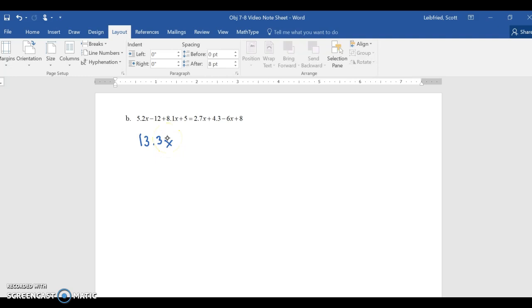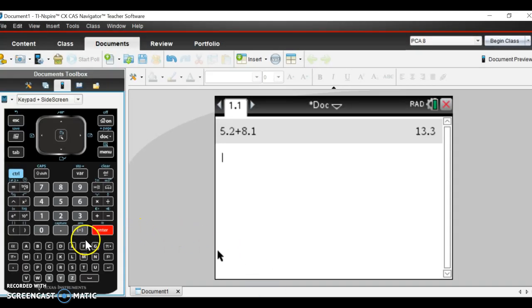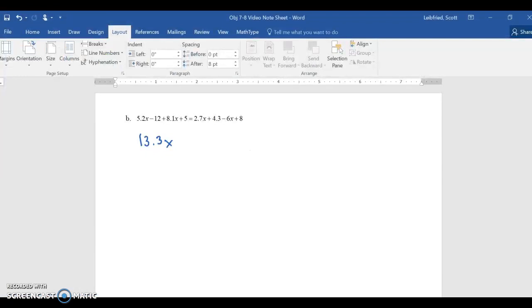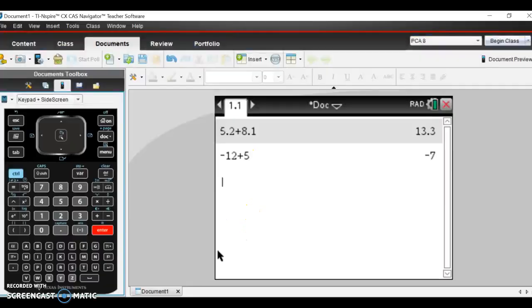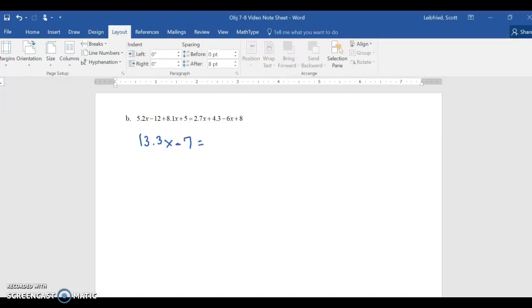Negative 12 plus 5, we can use our calculator if we're not feeling good about that, and we can do negative 12 plus 5, which is -7. So we have -7 equals, if we look at the right side, we have 2.7x and -6x, so we can use our calculator for that. 2.7 minus 6, -3.3.